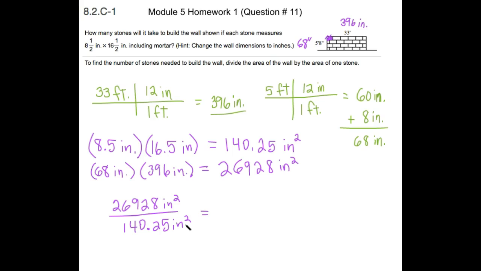And notice also that the units here work out. My inches squared cancels in both the numerator and the denominator, and I get 192, no units left, which makes sense. It's 192 stones. And so that would be how many you'd need to cover that wall.